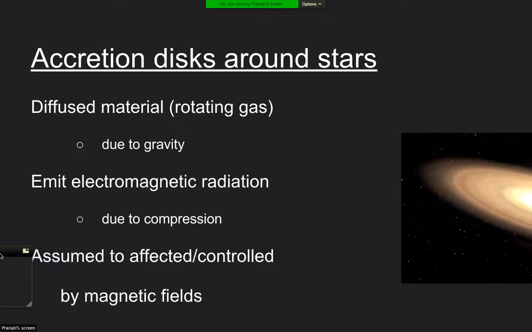Since the disks are considered Keplerian, the different annuli or rings rotate at different angular velocities, causing them to create friction against each other, and this friction in turn causes a rise in temperature. Accretion disks of T Tauri stars emit mostly infrared radiation.